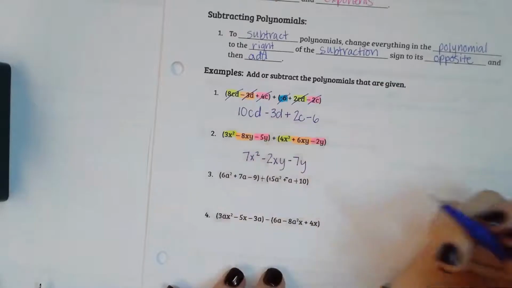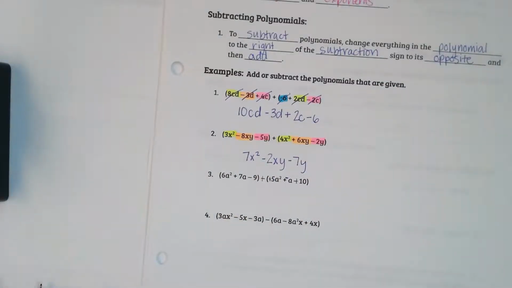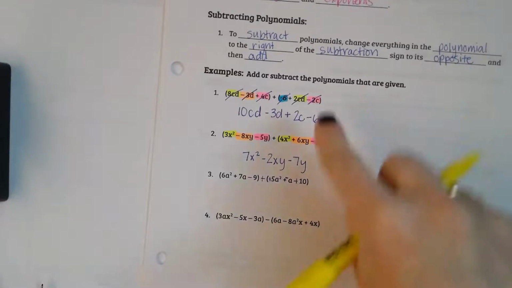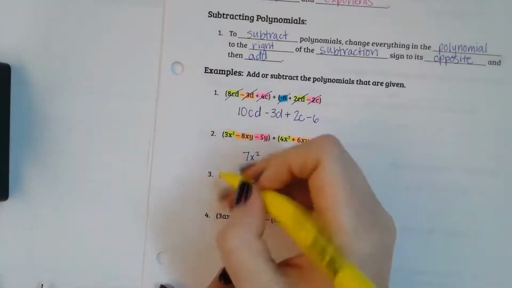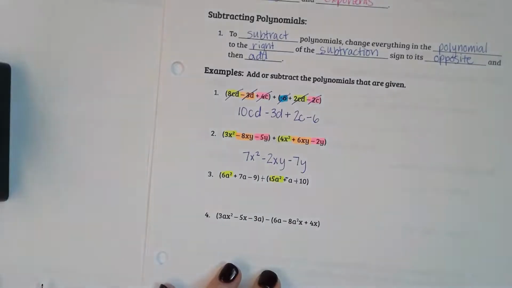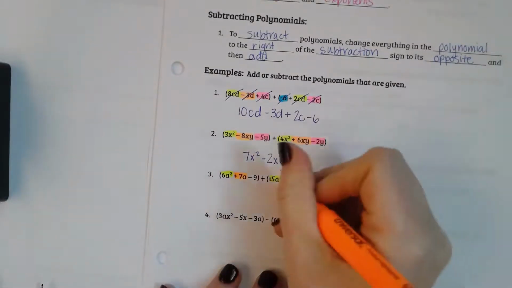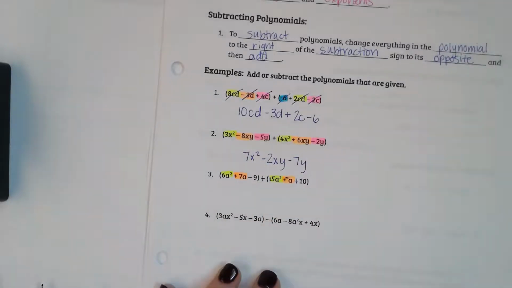So now this becomes addition. And then you're going to do exactly what you just did when you were adding them. So I've got the 6a squared and the 5a squared. Then the 7a and the negative a.